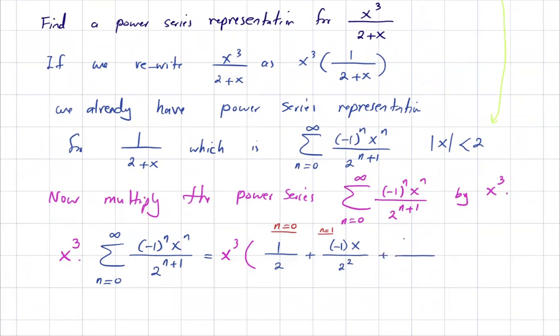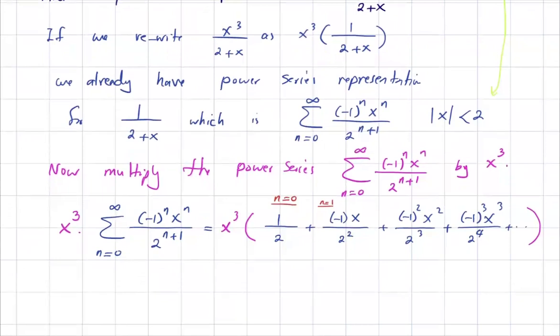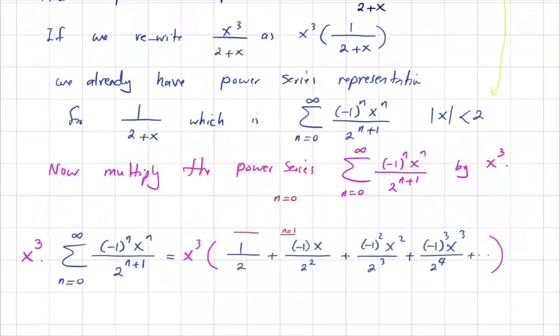When n is equal to 2, you get -1 to power 2, x squared, 2 to power 3. When n is equal to 3, you get negative 1 to power 3, x to the third divided by 2 to power 4, plus the rest of the terms. So what are you basically doing? You're basically just distributing x to the third into parentheses here. n equal to 0, n equals 1, n equals 2, n equals 3.